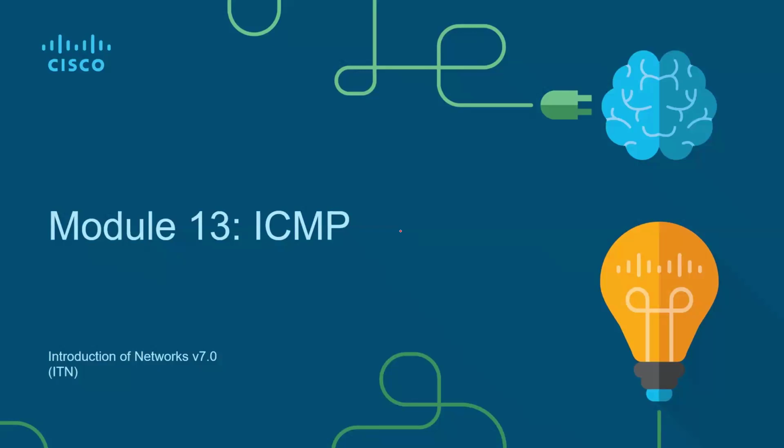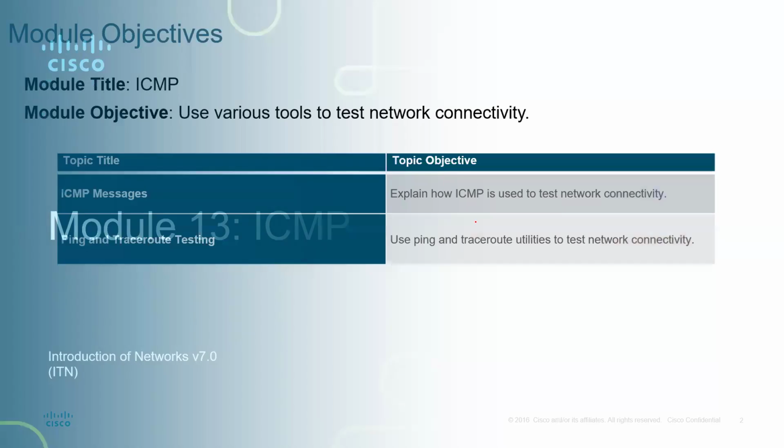Additionally, it's the class we were supposed to have last week, so we're just having it as a follow-up. Module 13 will be a very brief chapter, and it's talking about ICMP, Internet Control Messaging Protocol.